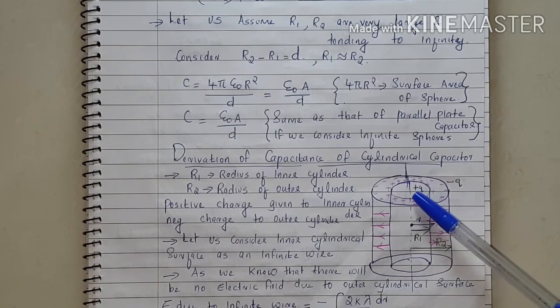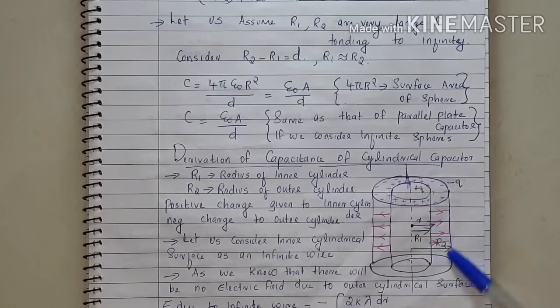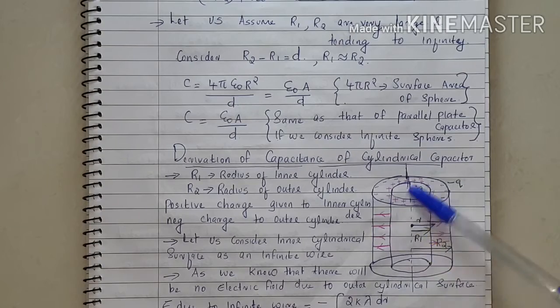Positive charge plus Q is given to the inner cylinder and negative charge minus Q is given to the outer cylinder. And the electric field is from the positive inner cylinder towards the negatively charged outer cylinder.